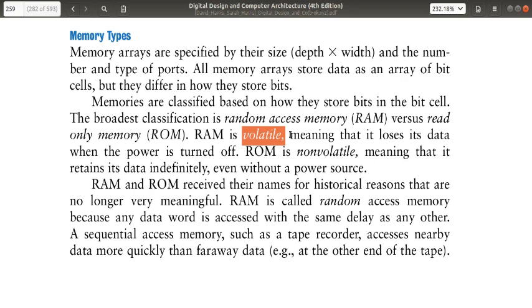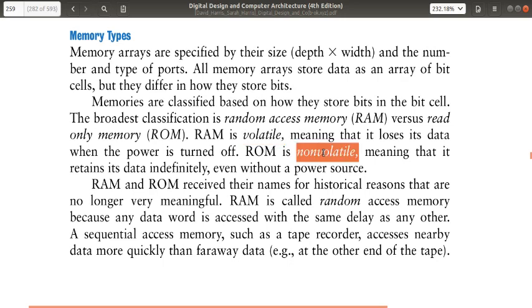That is a volatile memory: the content is lost once you power it down. Non-volatile is obviously the opposite. Once you store it, even when you switch off the power, it will be there, and when you power the system back, you can access whatever was stored in the ROM.